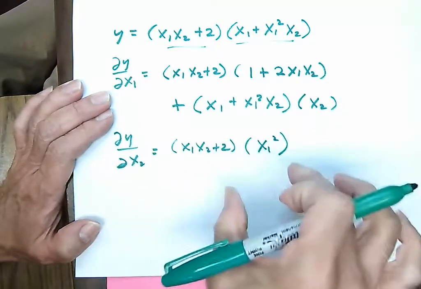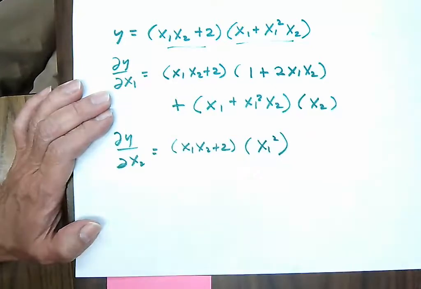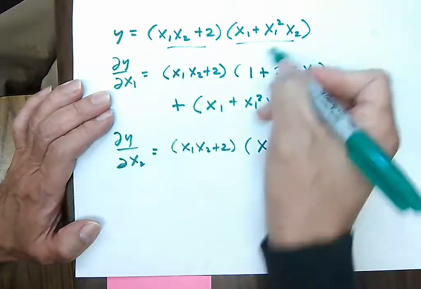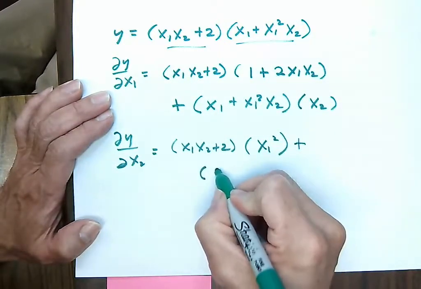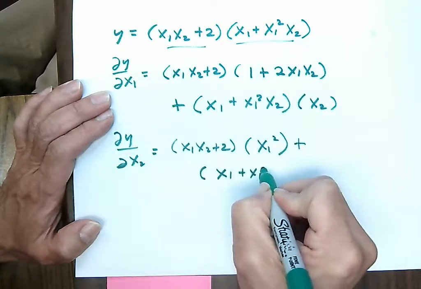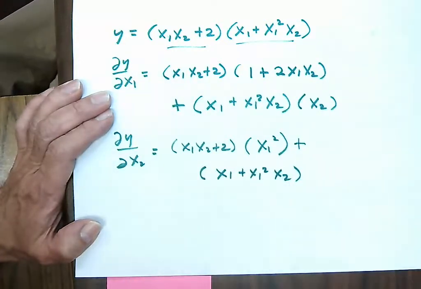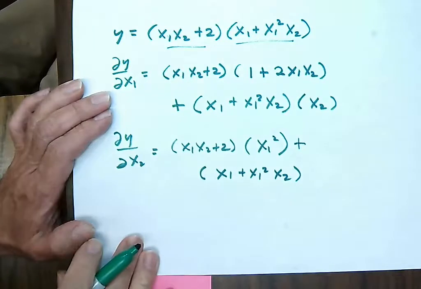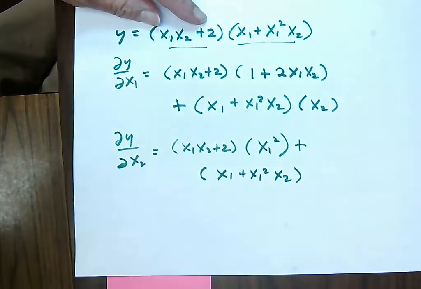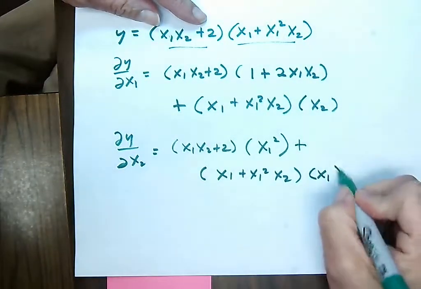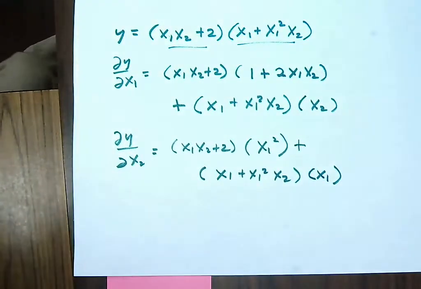So it's the first times the partial of the second with respect to x2, plus the second, just rewrite the second, times the partial derivative of the first with respect to x2, which is just x1, and there's your answer.